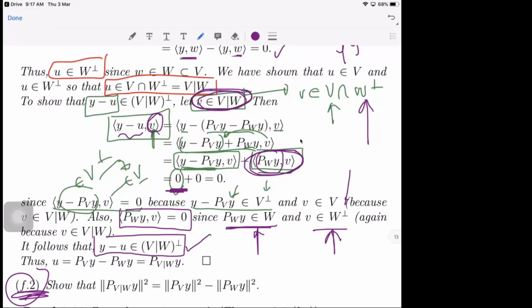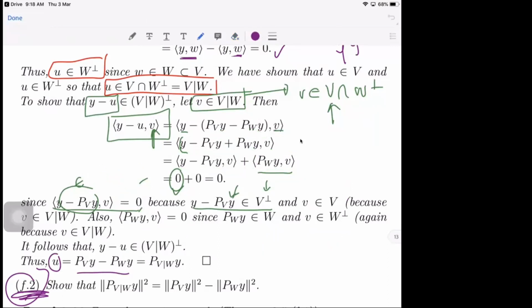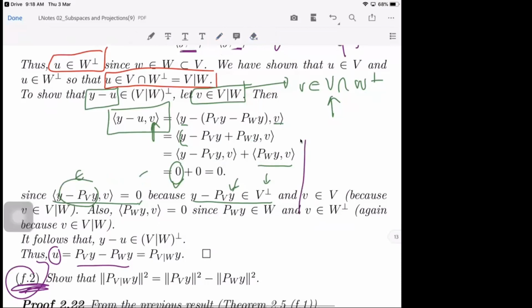So that the vector U is actually the projection of Y onto V mod W. Okay, so you see in the many routines here, you just use the definition of projections and use the concept that if a vector is in a subspace and the other vector is in its perp, then the inner product is equal to 0. So that's mostly the routine of the proof shown.